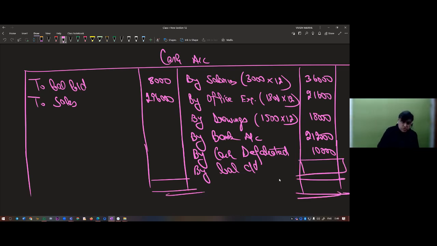So 8,296, 304, 36,000, 21,600, 18,000, 2,12,000, 10,000 minus 304. The balance cash is 6,400.